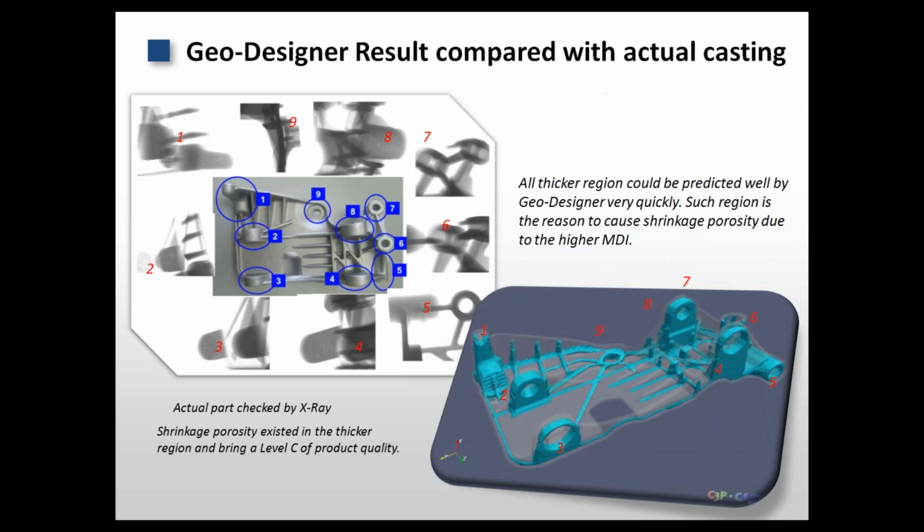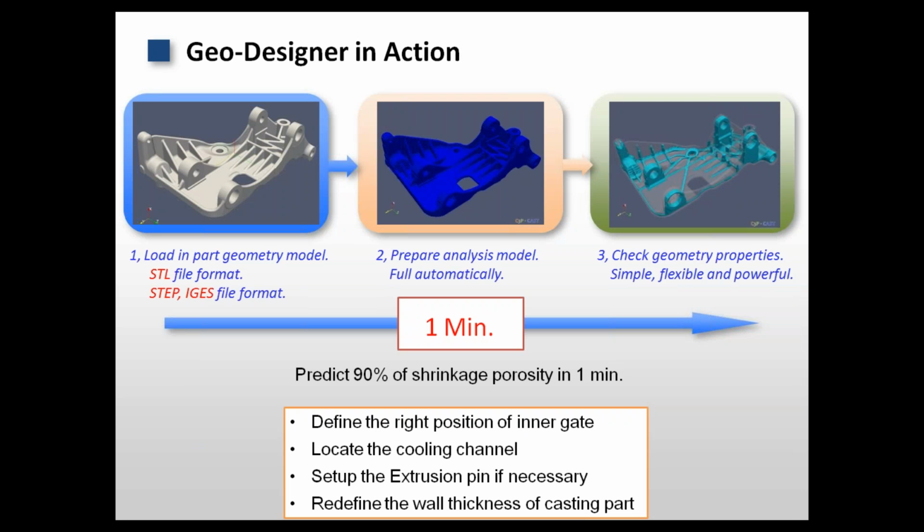Okay, let's come back. We could predict 90% of the shrinkage porosity in just 1 minute. So that's very easy to use. You don't have to make a simulation. You just check the casting part and you get the results as soon as possible.